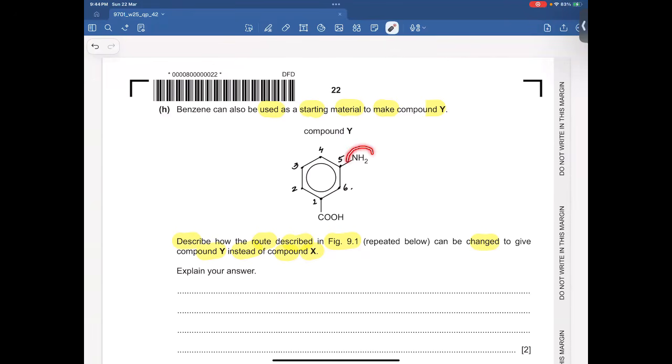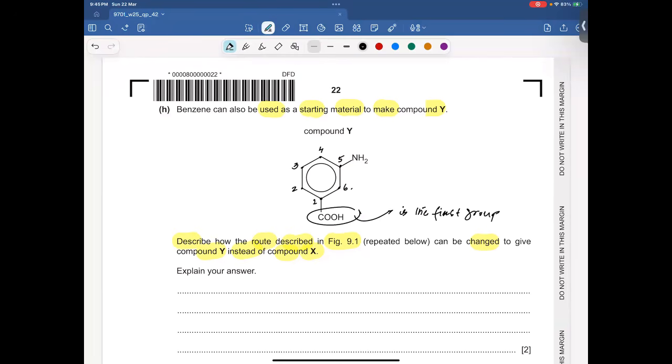So NH2 is technically attached at the meta position, with the deactivating group, that is 3 and 5, right? So COOH is the first group attached to the benzene.